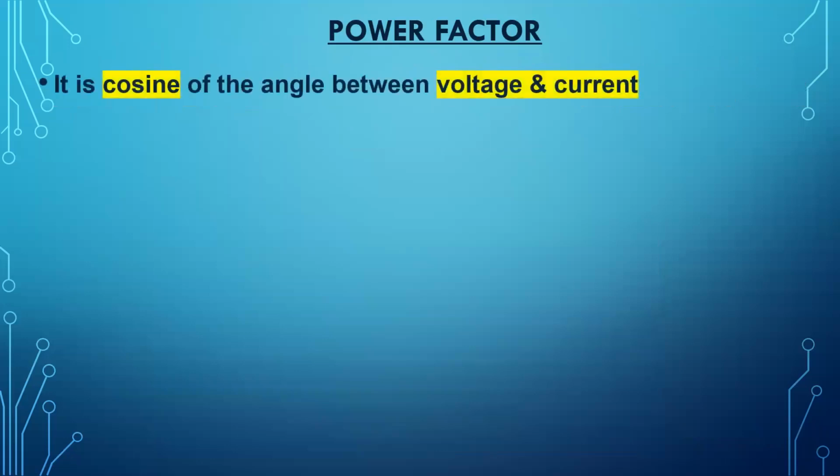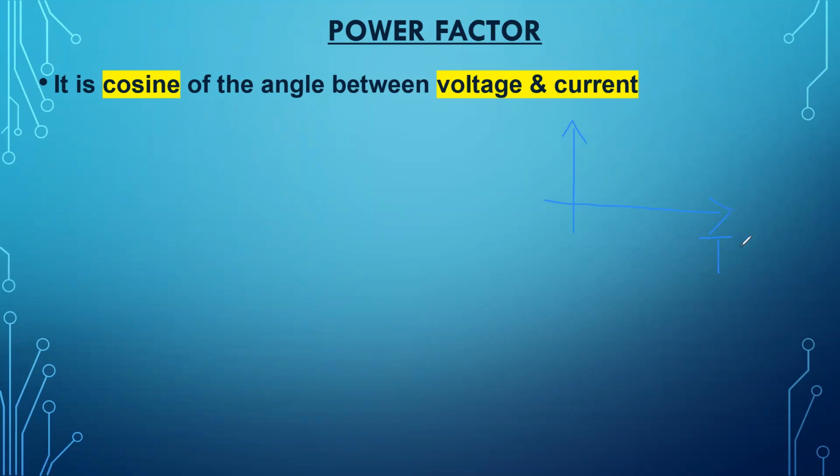is the definition of power factor. Power factor is the cosine of the angle between current and voltage. Suppose we have a waveform like this. You can take the x-axis as time and the y-axis as amplitude, showing voltage and current with their amplitudes.